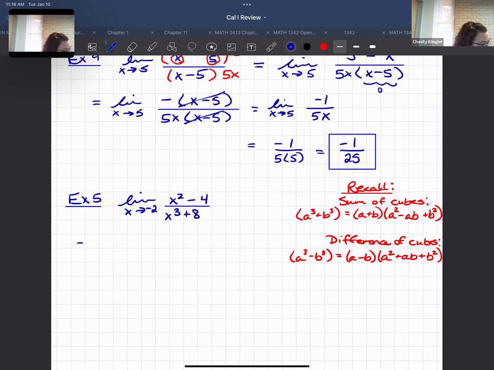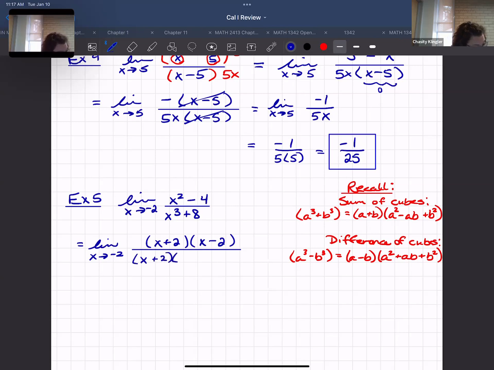So if we're looking at our example, what will the top factor into? And then the bottom will be the x plus 2 times x squared minus 2x plus 4, where your b is 2, the cube root of 8.